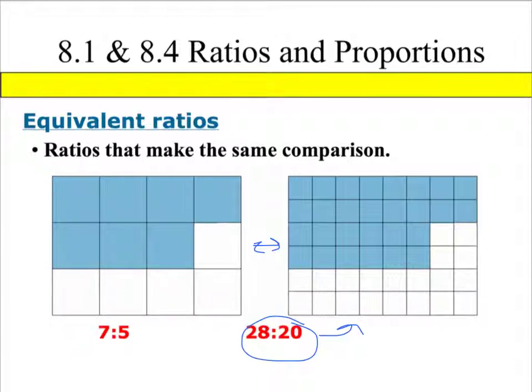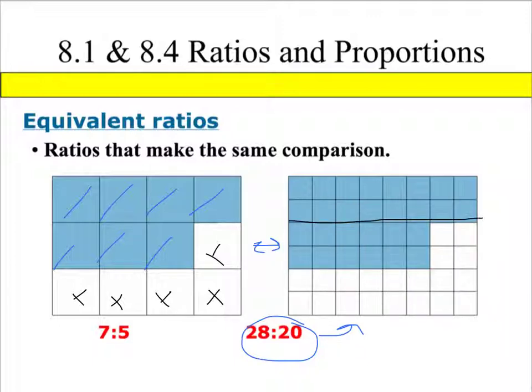If I'm looking at this left figure here, notice I have seven shaded squares and 5 non-shaded squares. That would be a ratio of shaded to non-shaded, and it would be 7 to 5. If you look at the drawing for 7 to 5 and the drawing for 28 to 20, you'll notice they are the exact same.